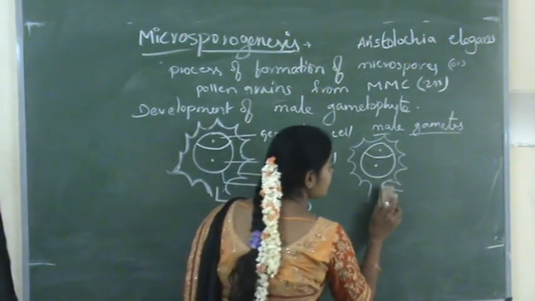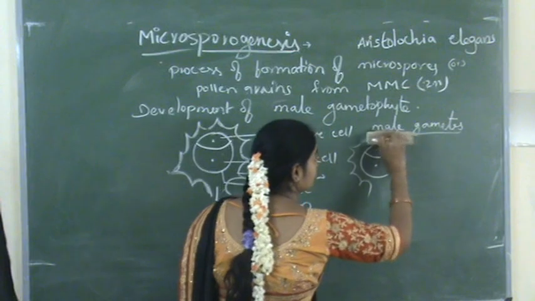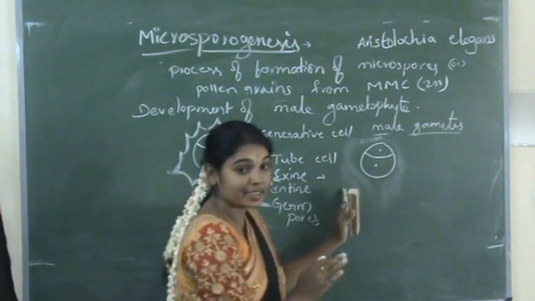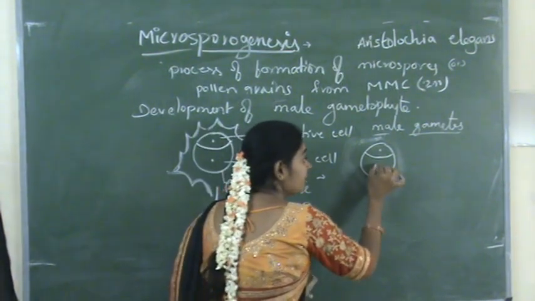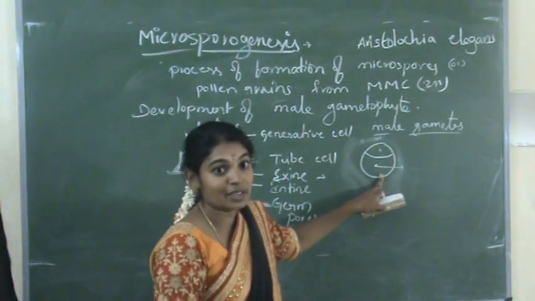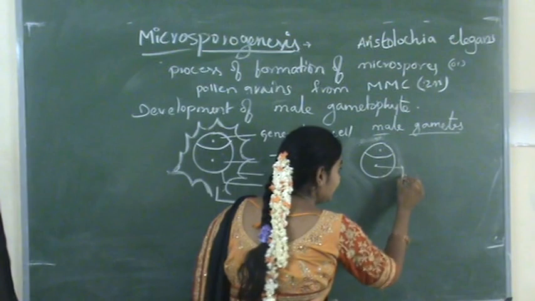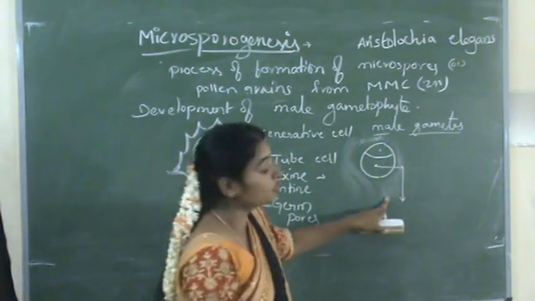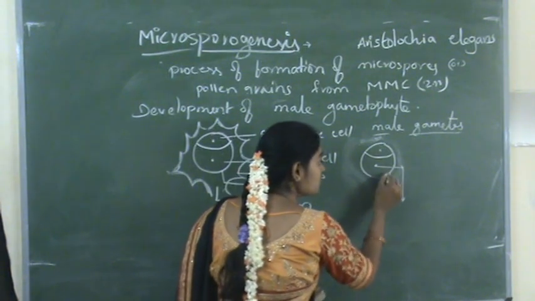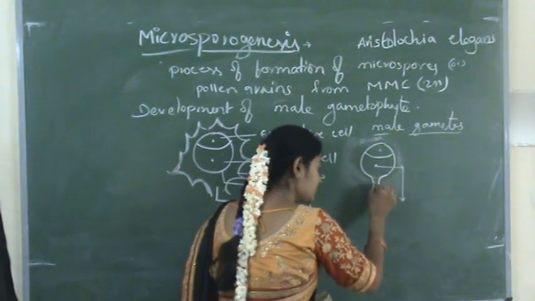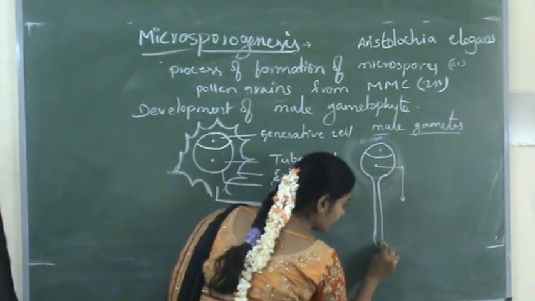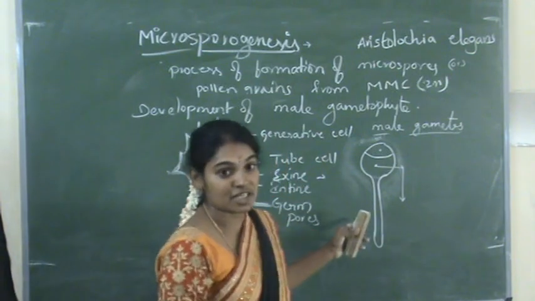So now in the stigma there is no exine wall, it disintegrates. The structure of the pollen grain is completely different in the stigma.